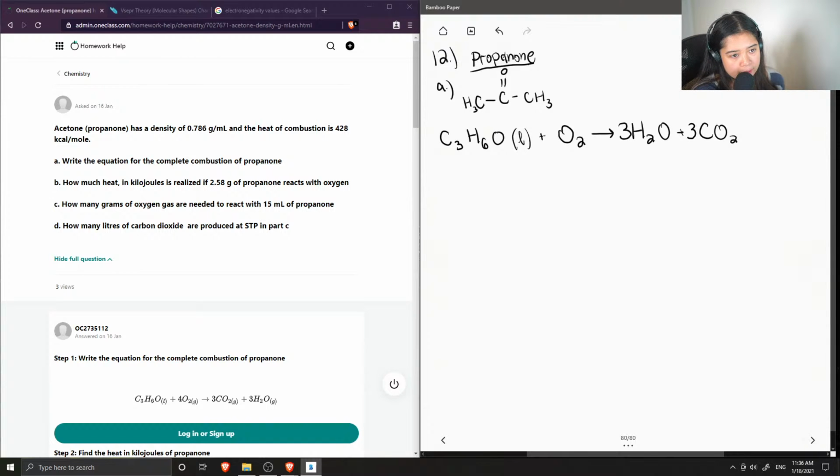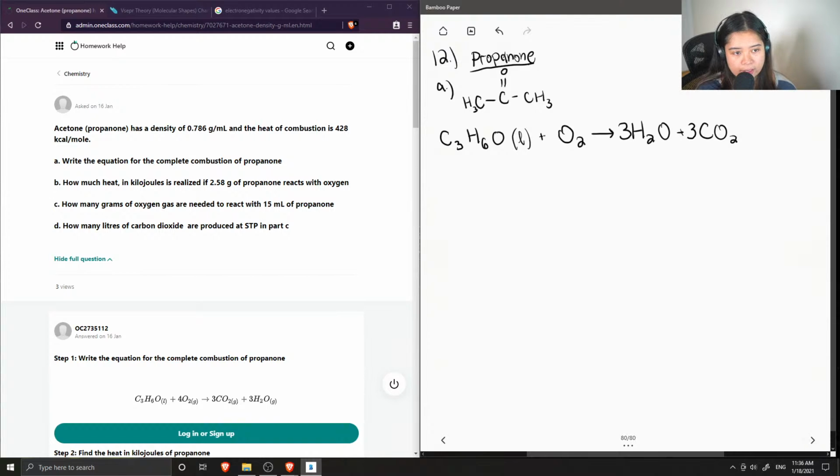And at this part, I like to now balance my oxygens. And I do it last because if I were to balance it first, then once we start balancing the hydrogens and the carbons, the numbers will all change and we have to redo it. That's why we balance oxygen last.